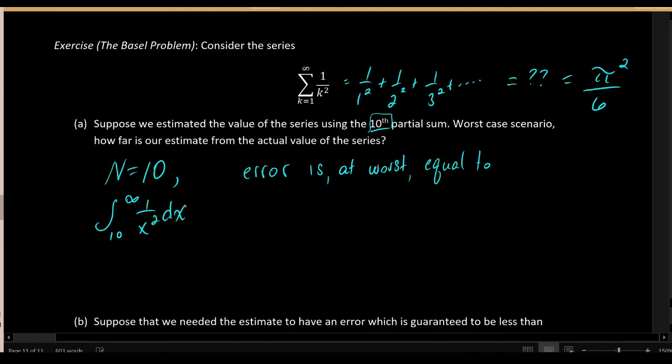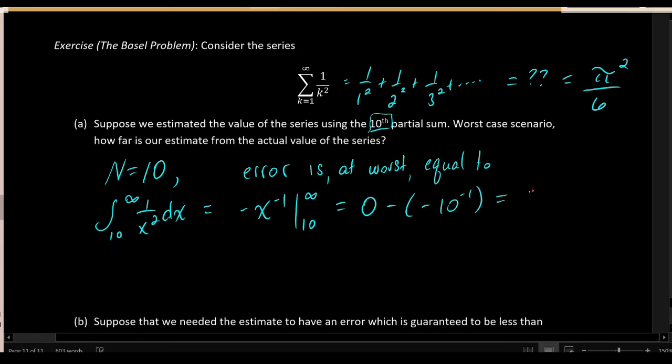So let's go ahead and calculate this value. If I integrate this using the power rule, I get x to the power -1, evaluated from 10 to infinity. X to the -1 goes to 0 when x is infinite, so I get 0 minus -10 to the -1.